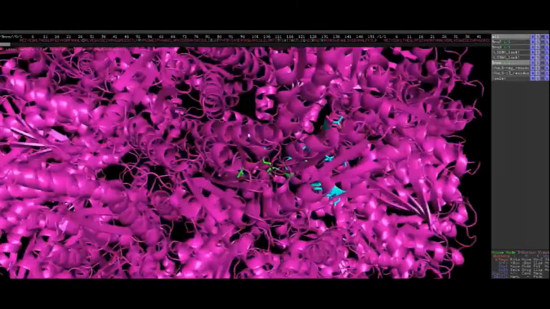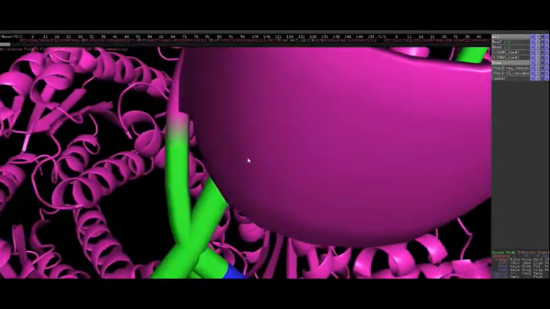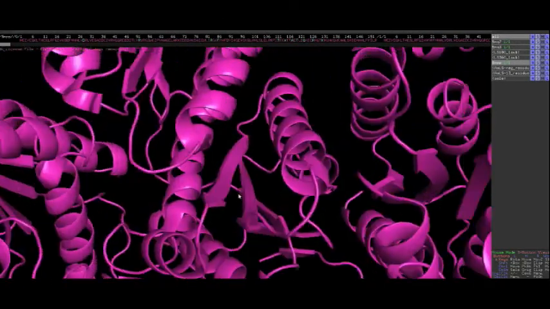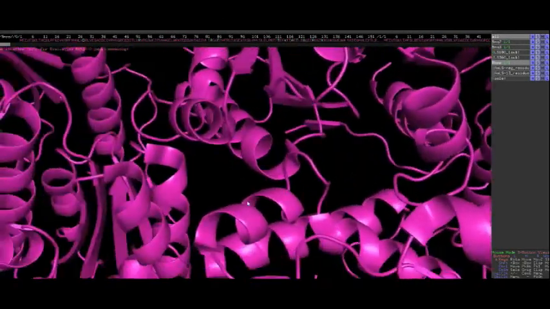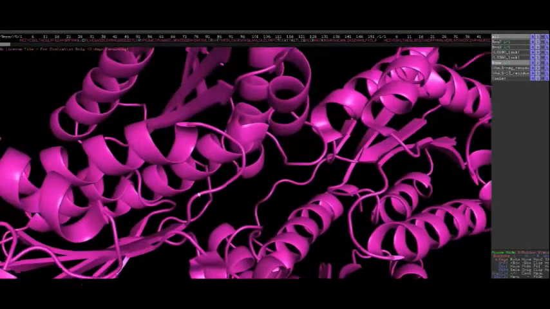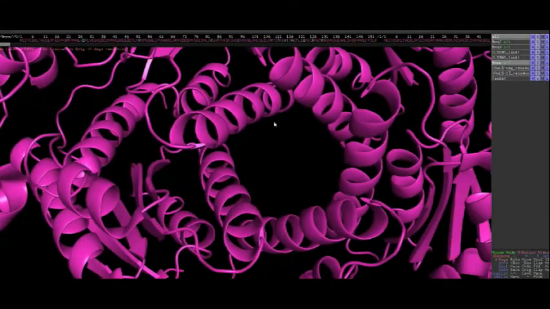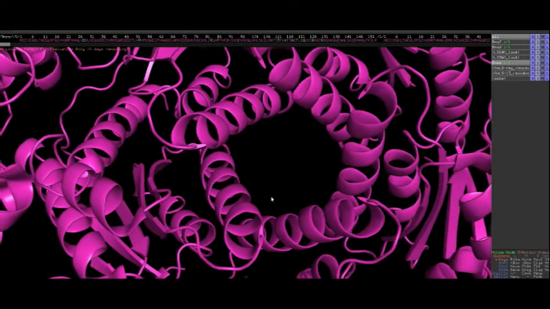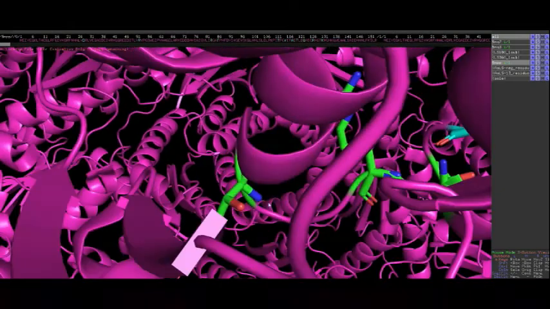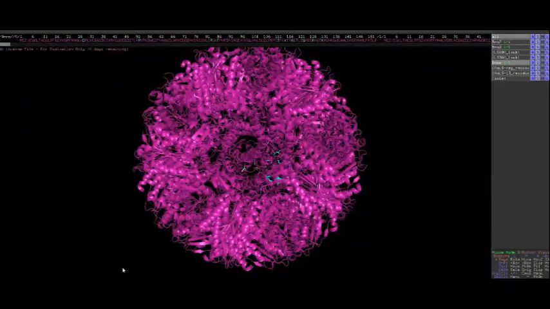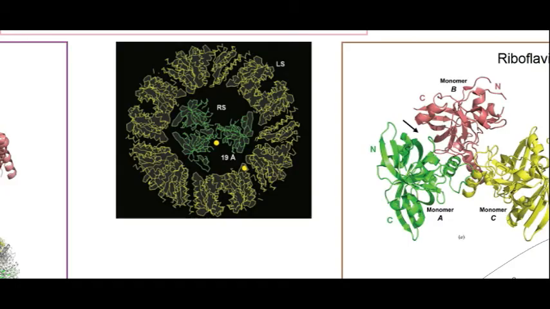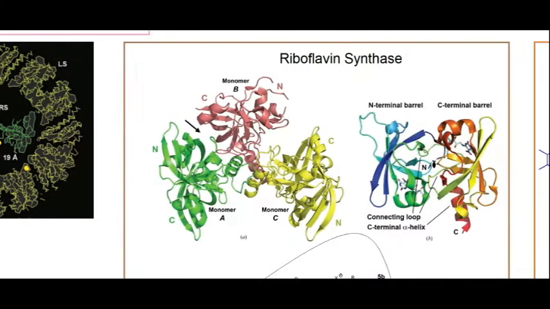So we can actually zoom in until we're sort of inside this dodecahedron here, and those would sit inside of it. And these pores here would be large enough that the riboflavin that's generated on the inside could then move out of the structure.